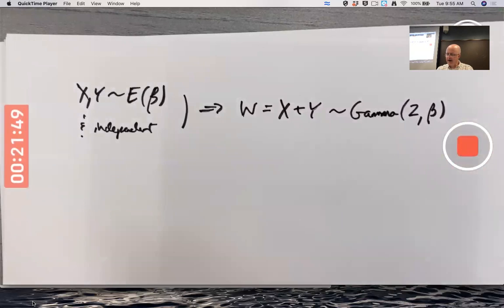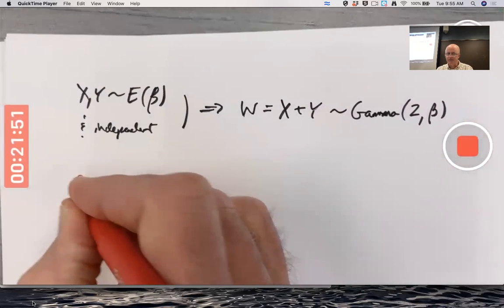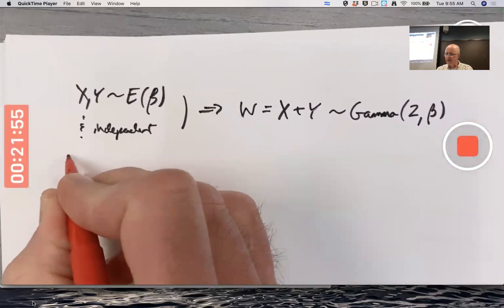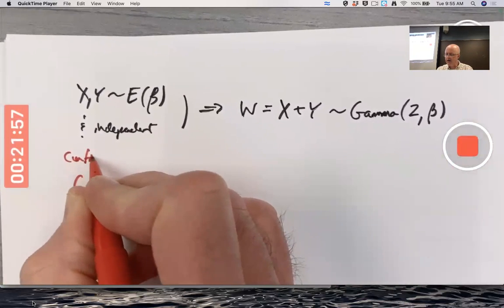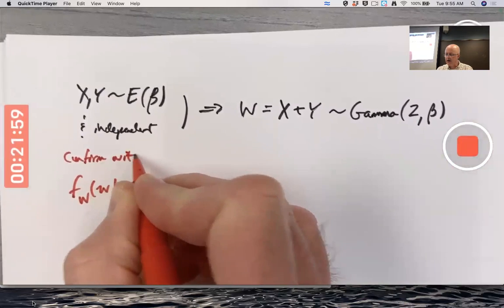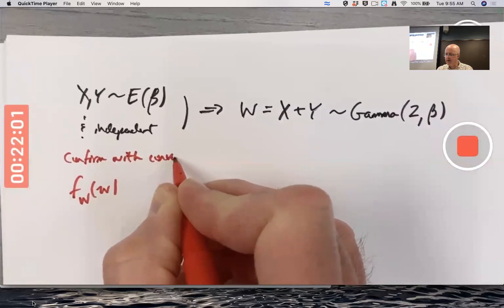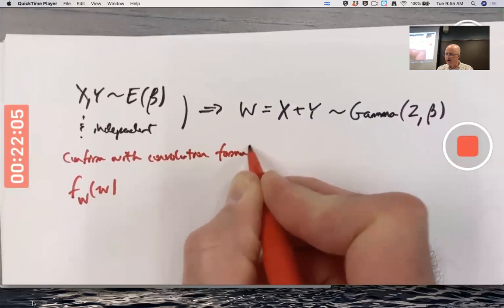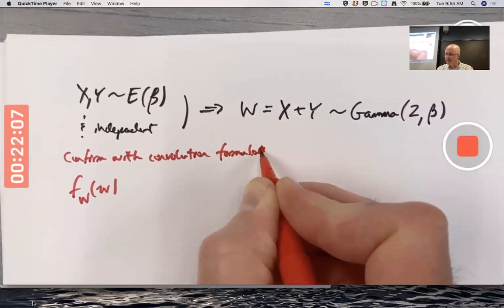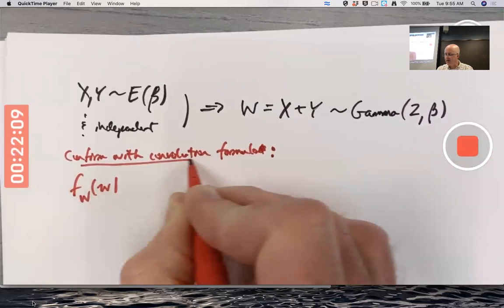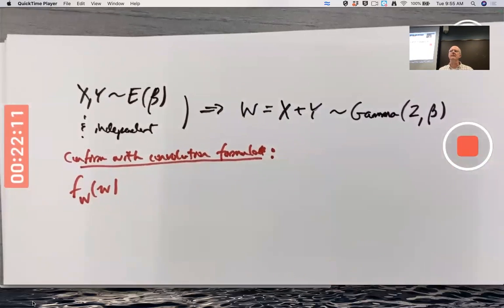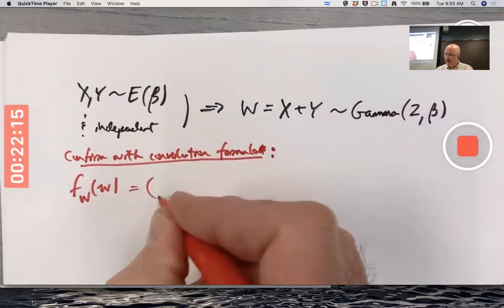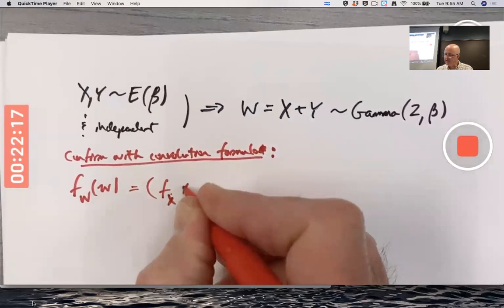So how to do that? Confirm with the convolution formula is what we're trying to do here. And by the way, of course, exponential random variables are non-negative, so we can use this formula. I can use the convolution symbol, the star symbol, if I like.